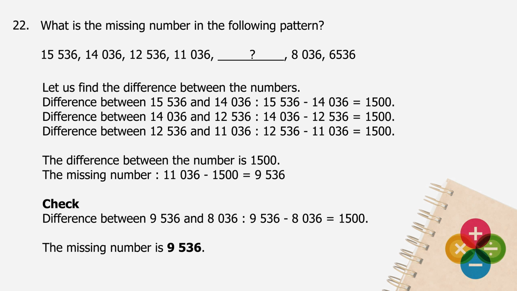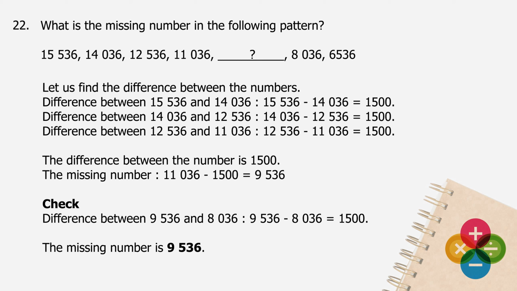Let us find the difference between the numbers. The difference between 15,536 and 14,036 will be: subtract 14,036 from 15,536, and the difference is 1,500.